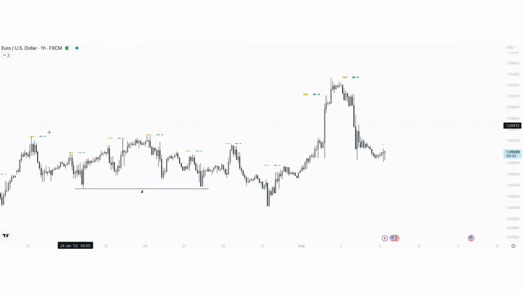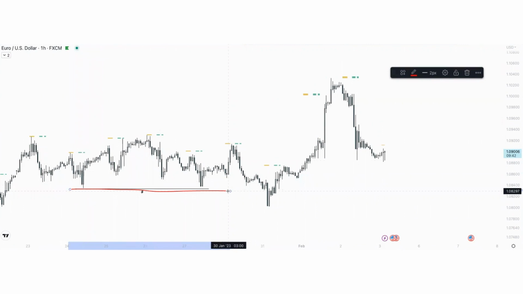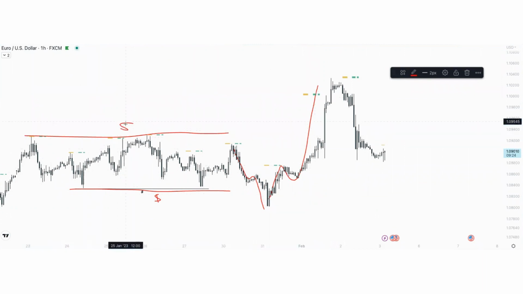I wanna emphasize this as a range, because after sweeping this one, right? As you can see, this is a double bottom. After sweeping this low, or the equal lows, or this liquidity below it, it moves to the upside and sweeps this equal high level.